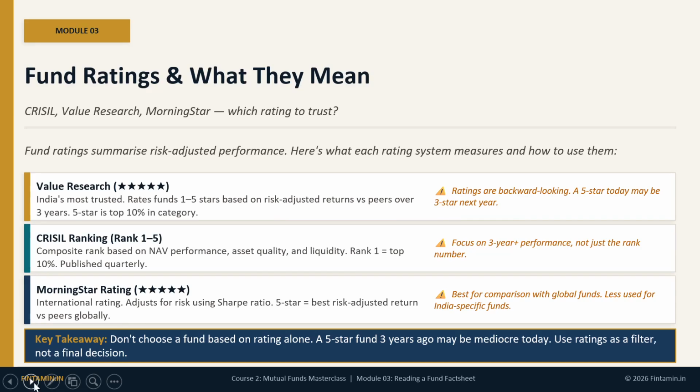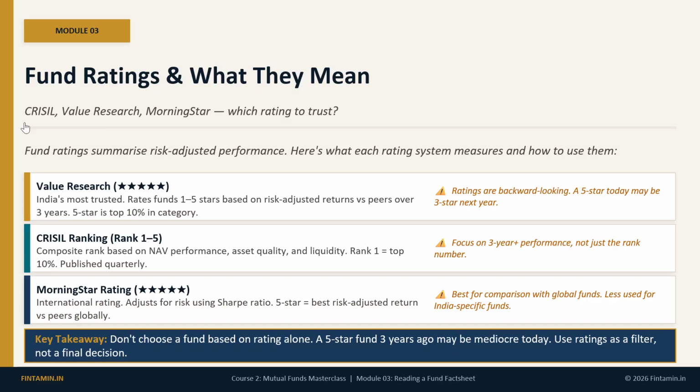Fund ratings and what they mean. Fund ratings from Value Research and CRISIL are the two most trusted in India.